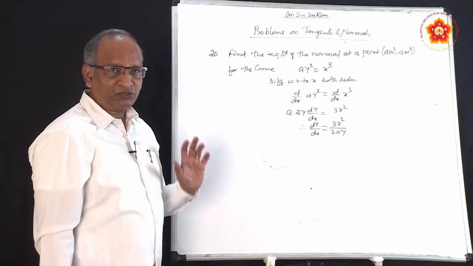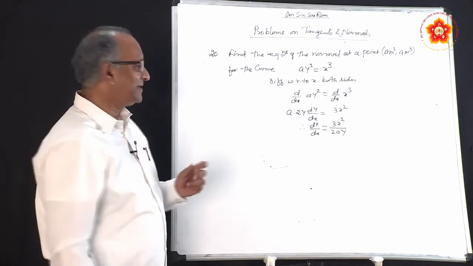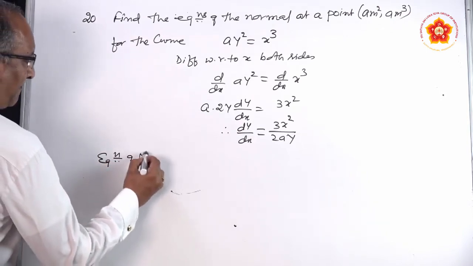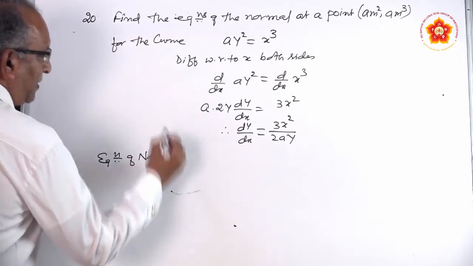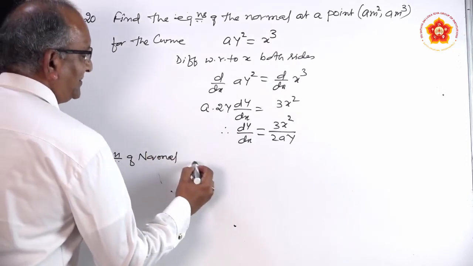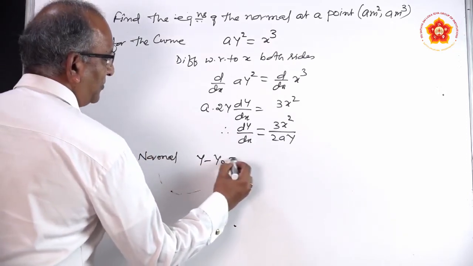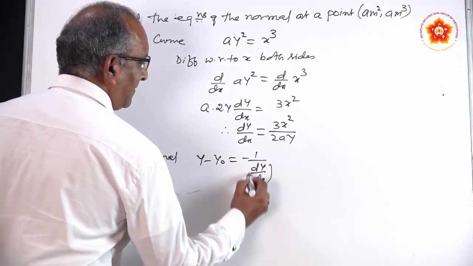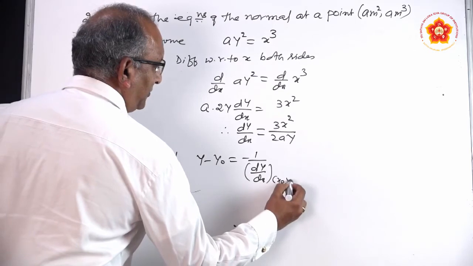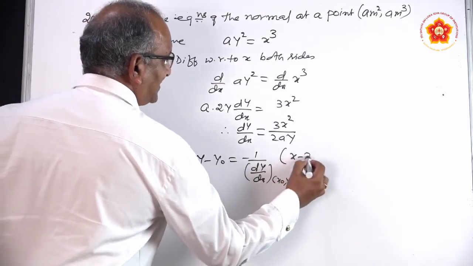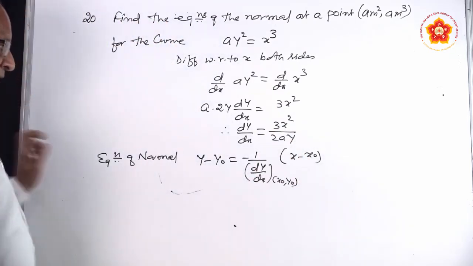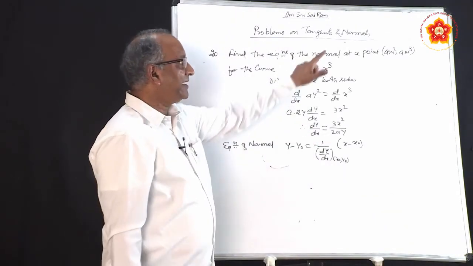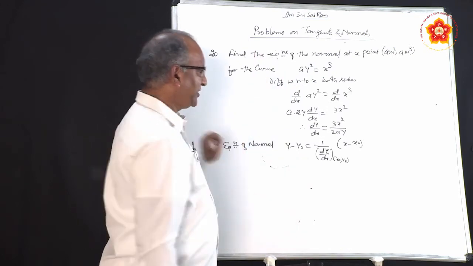He is asking us to write equation of normal. What is the standard equation of normal? It is y minus y0 equal to minus 1 upon dy by dx at x0 y0 into x minus x0. No doubt we have got the derivative. You need to get the value of the derivative at a given point before you substitute here.